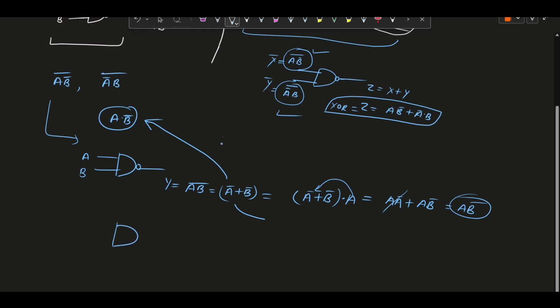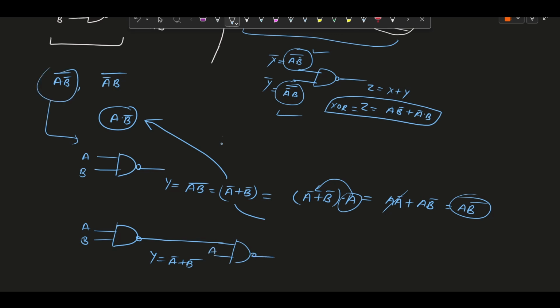So we get this output expression of this NAND gate as a complement plus b complement, and we have seen that we need to add the a variable in this output, then only we will get this term. So how will we get this term? By adding the a variable.